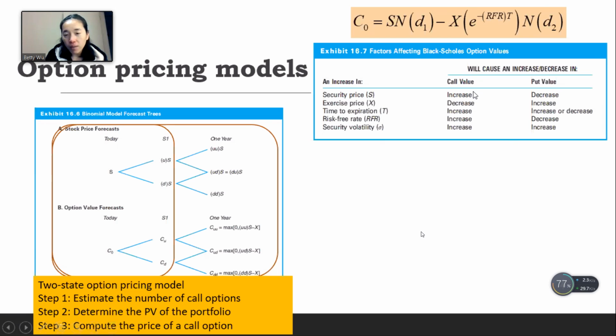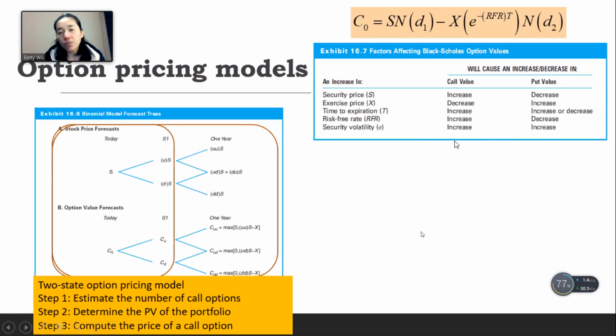And usually they have opposite impacts on them, except for this one, security volatility. Price movements are really good for options. So the greater the volatility, the more valuable an option is.